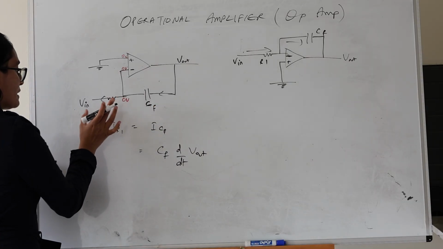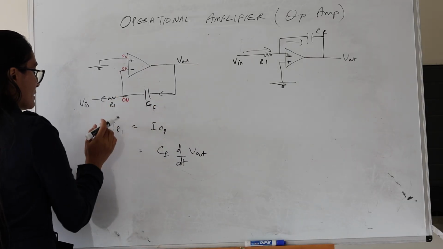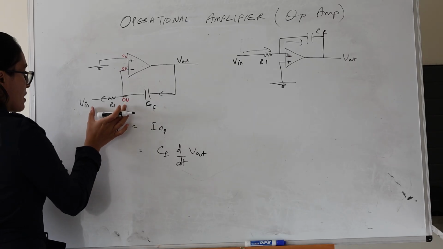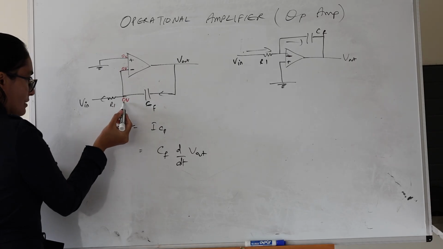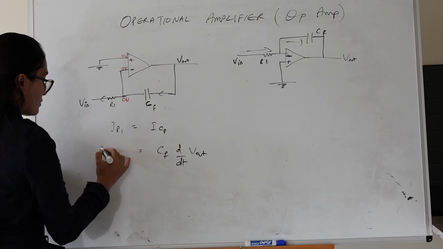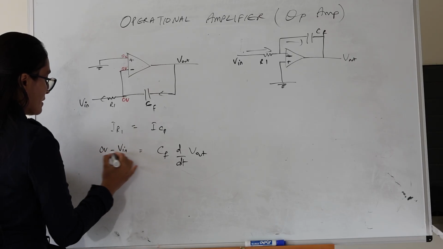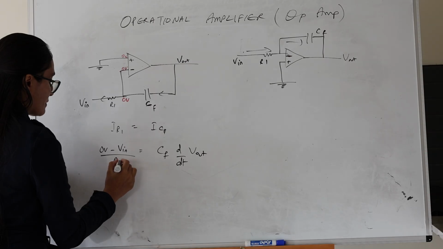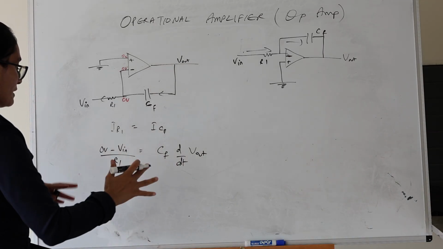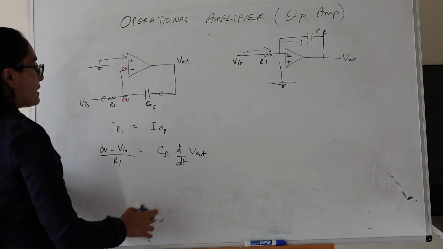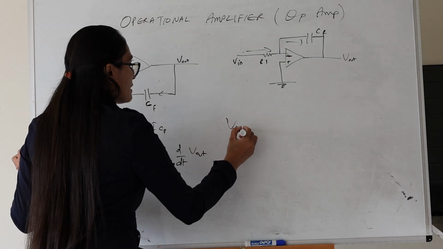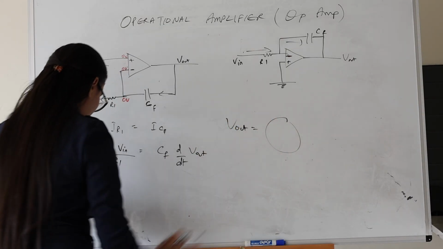And then the current flowing through R1 is the voltage drop across R1, which is 0 minus V in, 0 volt minus V in, divided by R1. So if we rearrange this, ultimately what we want to know is what V out is. That's what we want to know.